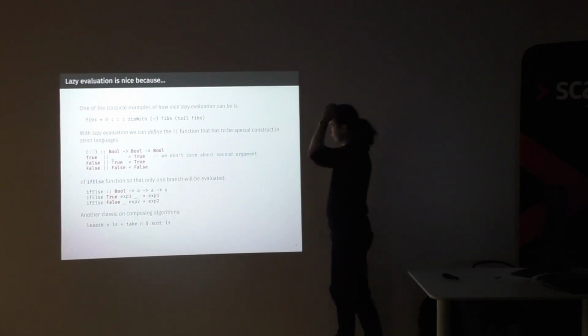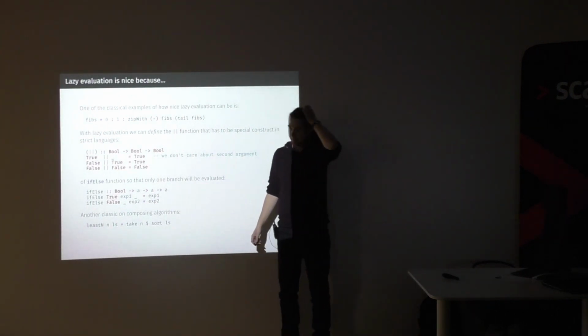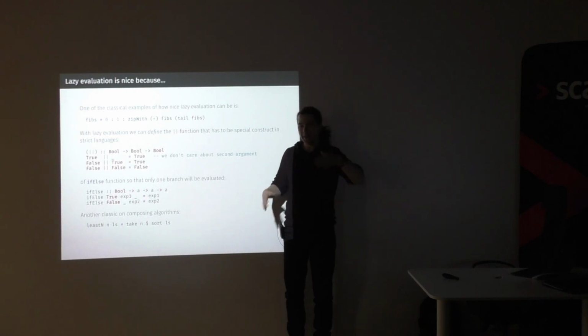Also a very classic example of how lazy evaluation allows us to compose different algorithms. We have an algorithm that sorts a list. Given that Haskell is functional, we hope that sort is implemented using heap sort.